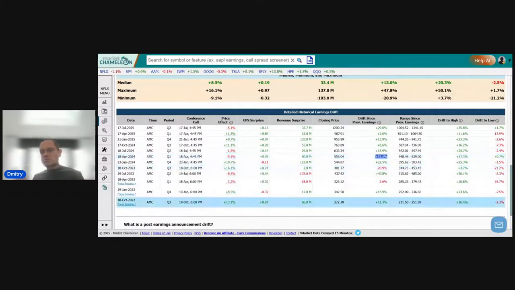So these are just some quick insights to see how the Netflix stock behaved post earnings announcement. Okay, so compare the earnings announcement, stock reaction, and what did the stock tend to do post earnings impact.